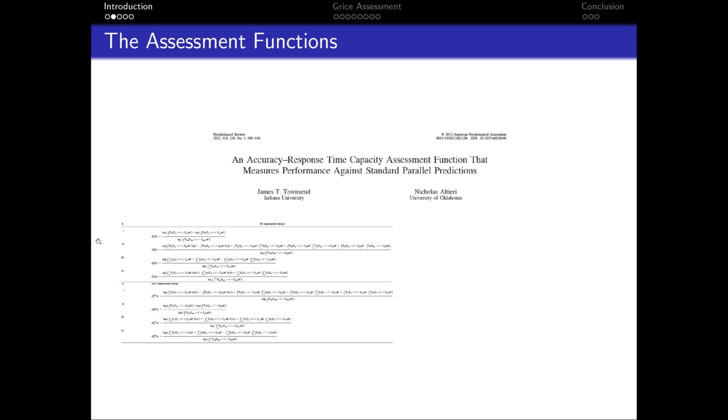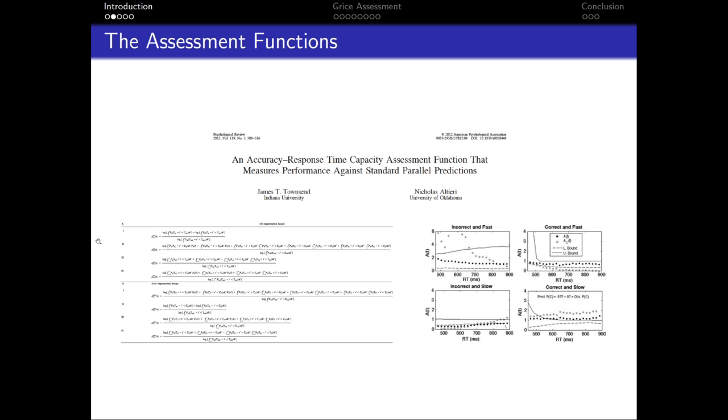And it jointly predicts that performance for choice and response time, and hence balances to some degree accuracy and speed. As is demonstrated here, these formulas end up becoming a little bit complicated. Furthermore, there are a number of the formulas, and I'll return to that issue in a moment.